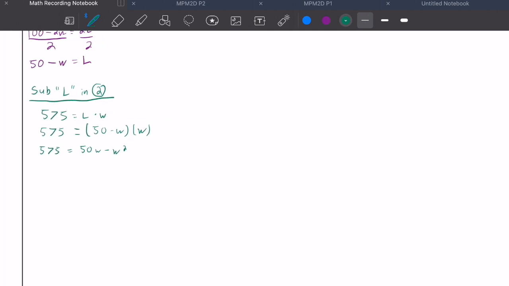This sort of looks like a quadratic equation, but it is not in standard form. Anytime we use the quadratic formula, we need to put it in standard form. So that's what we're going to do next.